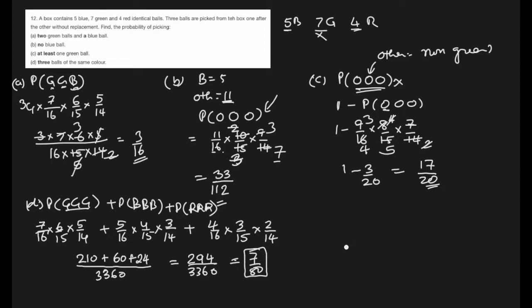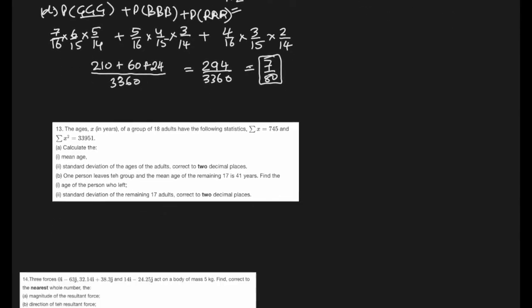Alright, what about the next one? Question number 13. The age is X in years. A group of 18 adults have the following statistics. Calculate the mean age. So we will focus on mean age.